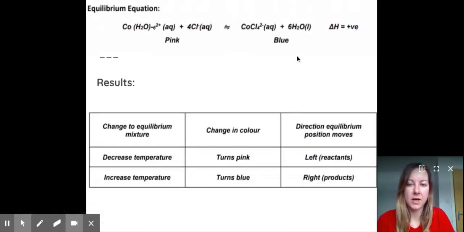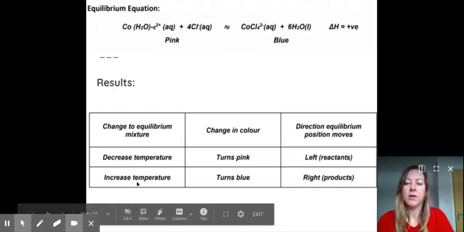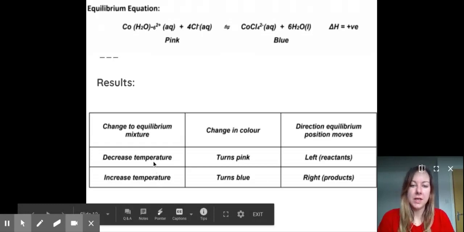Now, why does this happen? Just like anything else, when you change something in the system, the equilibrium will try and reverse that change and counteract it in any way it can. So if you decrease the temperature, it will try and make more heat energy to increase its own temperature.